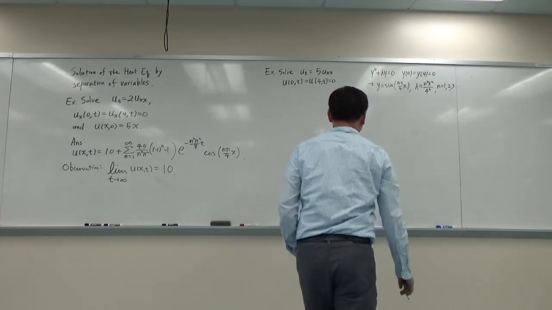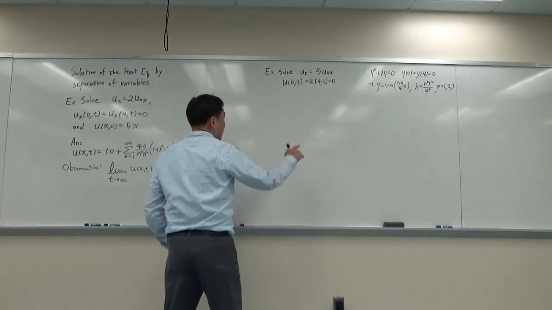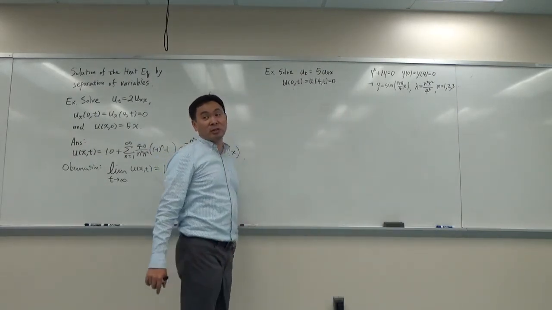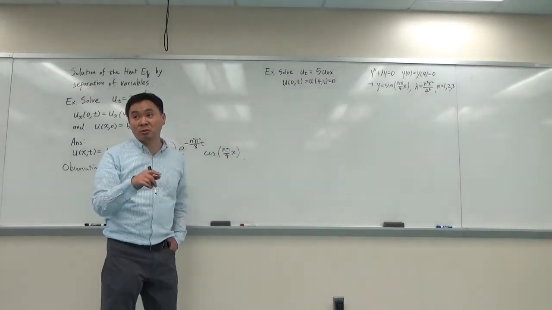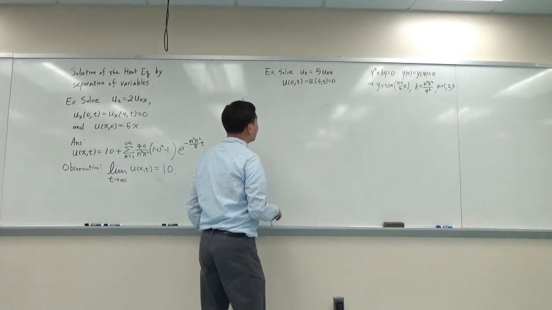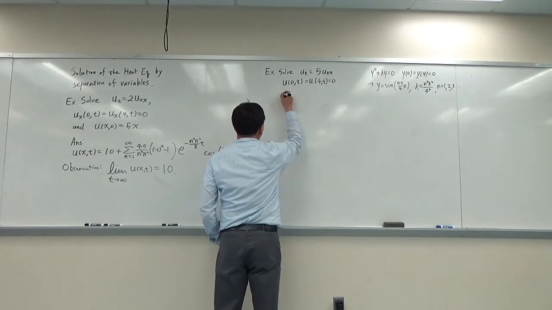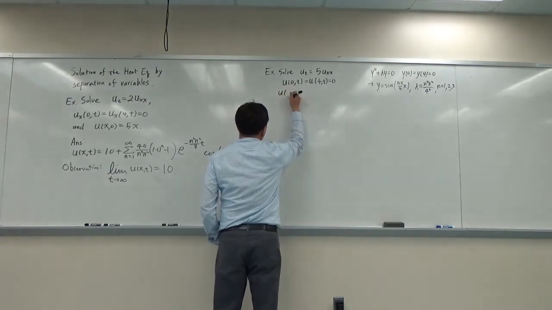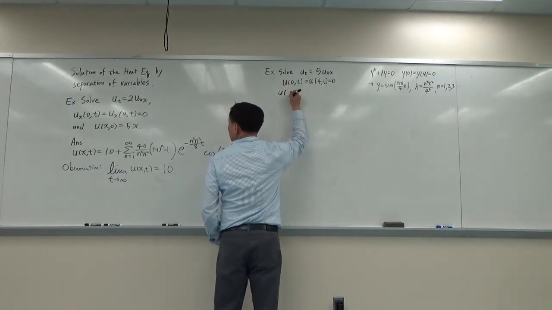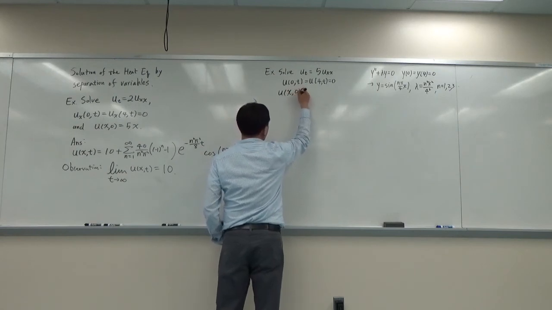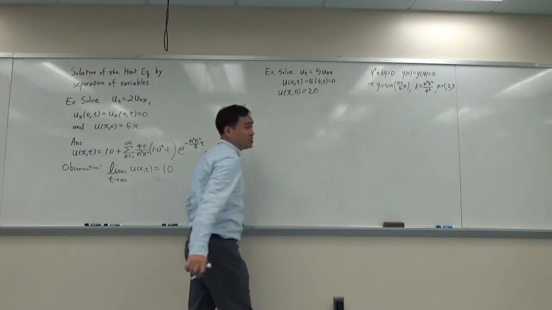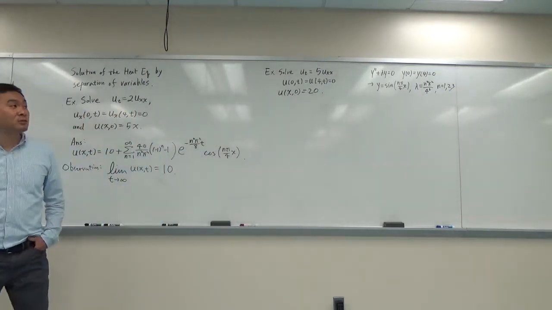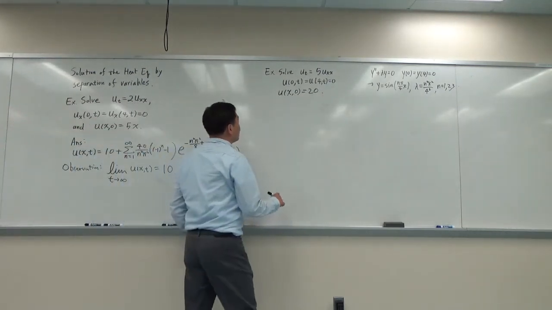Okay? So that's something that we obtained last time when we solved the Sturm-Liouville with the value at the boundary being 0. So that's why I have this. Okay? And the initial condition, let's just say u(x,0) is flat out 20. All right.